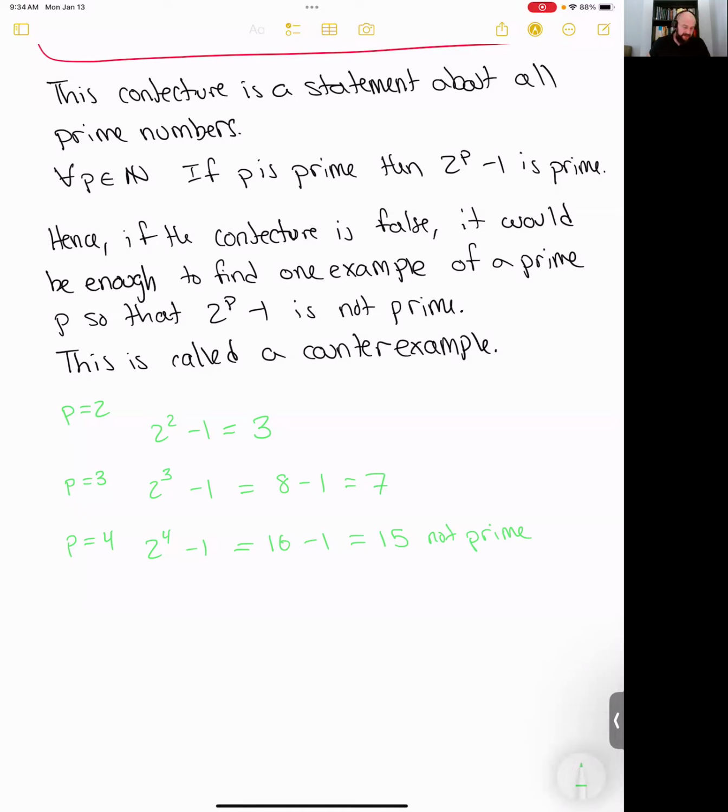But if you're given a statement that has a for all, a universal quantifier, then the way that you can show it's false is just to give one example that shows that it's not true, and that is called a counterexample, right?